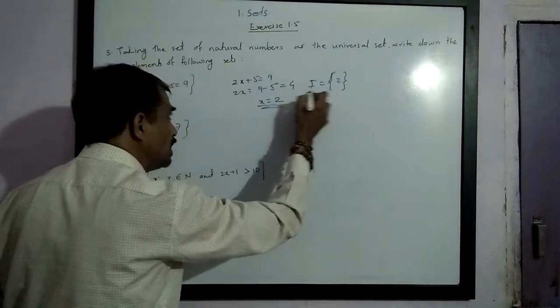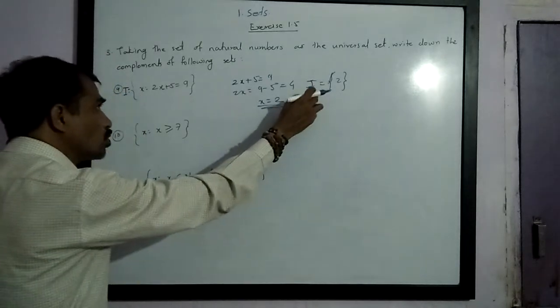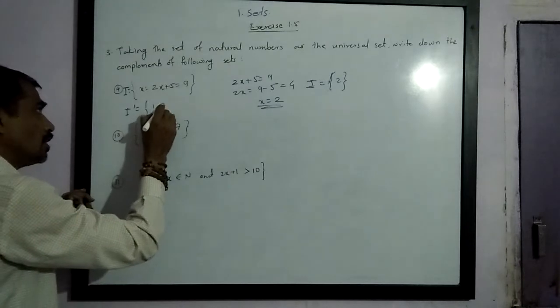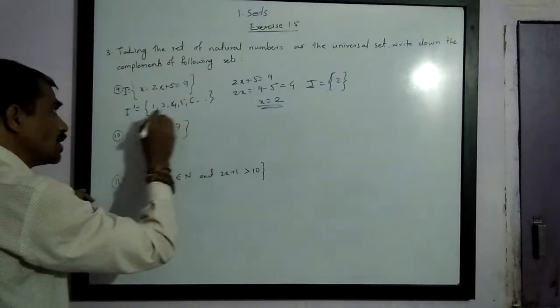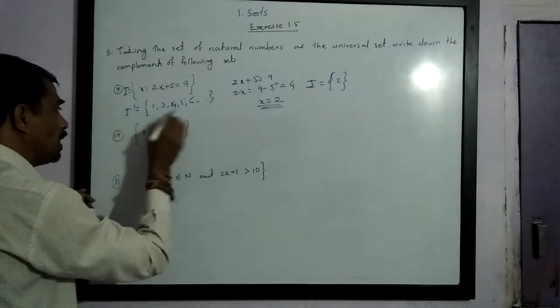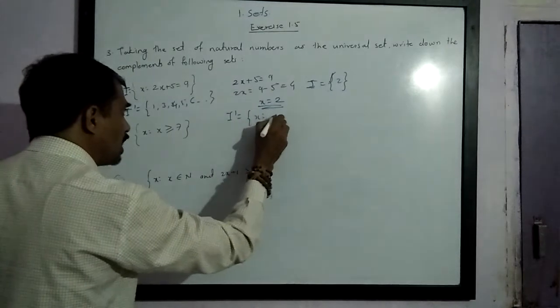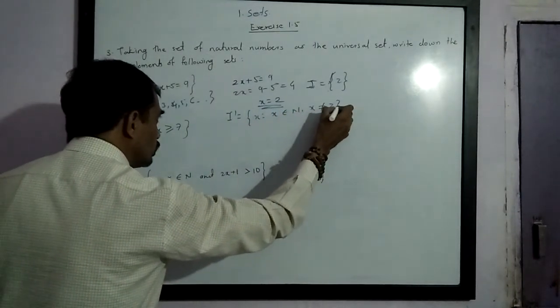So its complement is with respect to the universal set. The universal set is the set of natural numbers. So I's complement is equal to the set of 1, 3, 4, 5, 6 and all the natural numbers. It means its complement is equal to the set of x such that x belongs to natural numbers and x is not equal to 2.